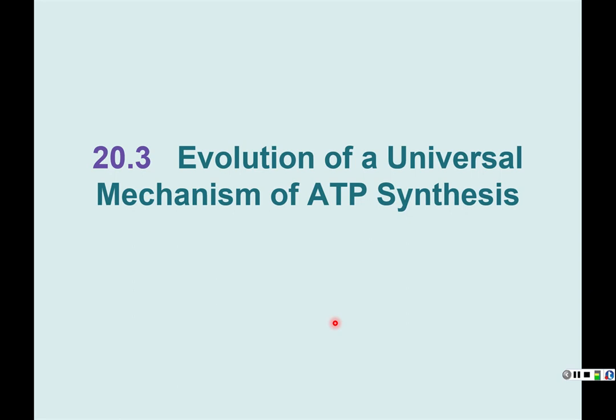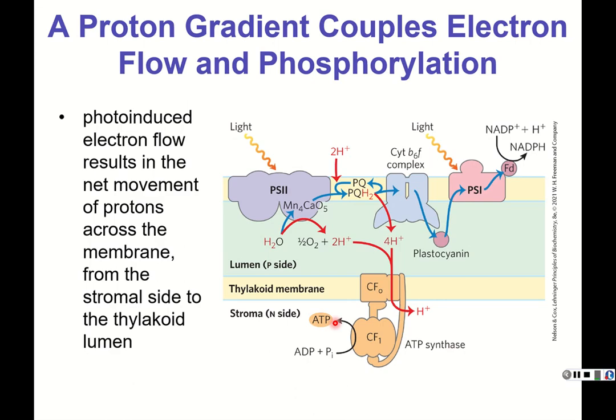Okay, last section we'll talk about today is section 3, and that's how this is all coupled to ATP synthesis. We have our photosystem 2 and photosystem 1 that absorb light.